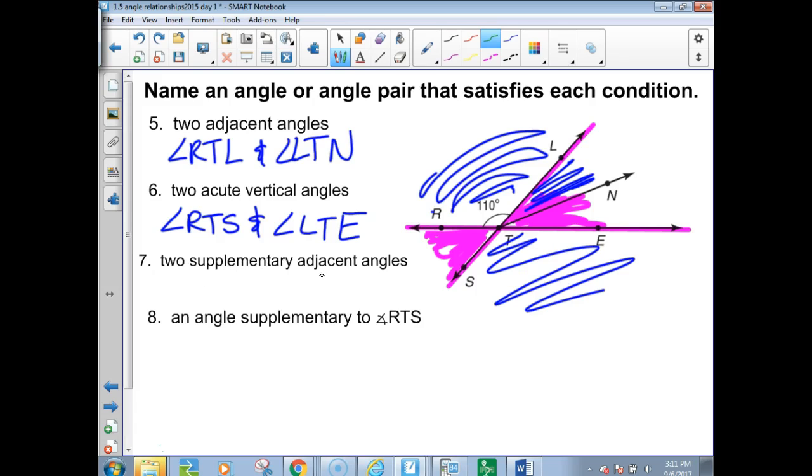2 supplementary adjacent angles. Supplementary meaning add up to 180 and are next to each other. Somebody want to help me with the pair of those that hasn't answered a question yet? Cadence? S. There's more than one answer too. So S. Which one?